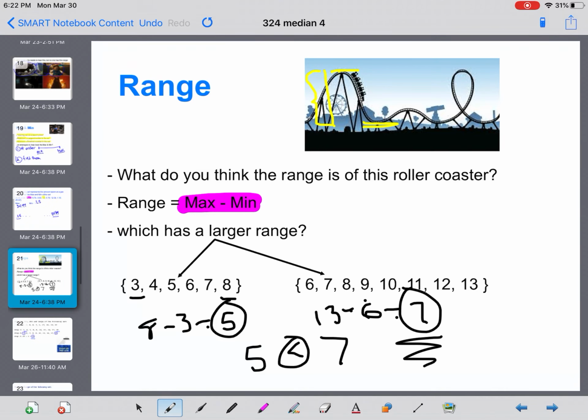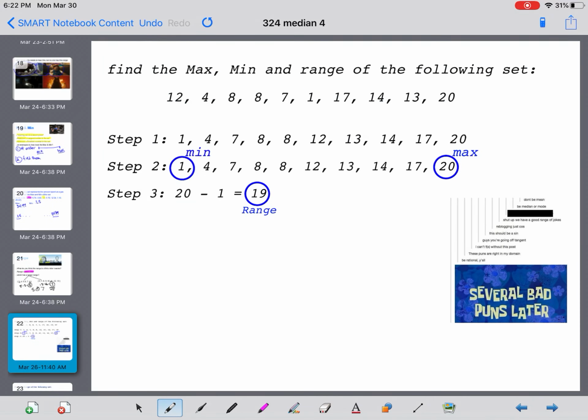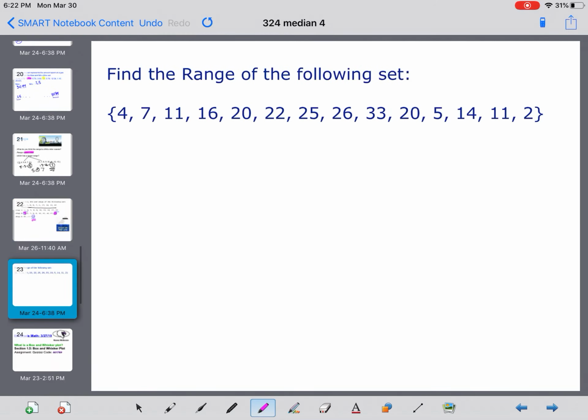So this one on the right is larger. So what we can do as well is look at this example. Well, here's a set. We put it in number order. And now that we have it in number order, we can just pick the two ends. 20 minus 1, 19.